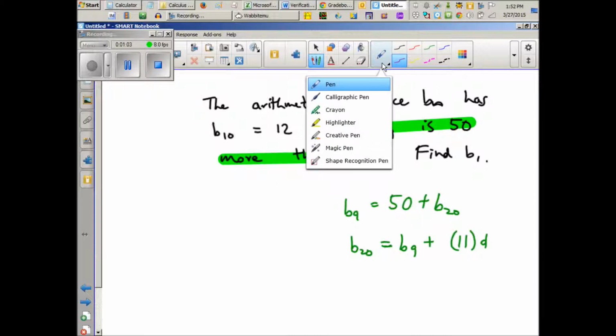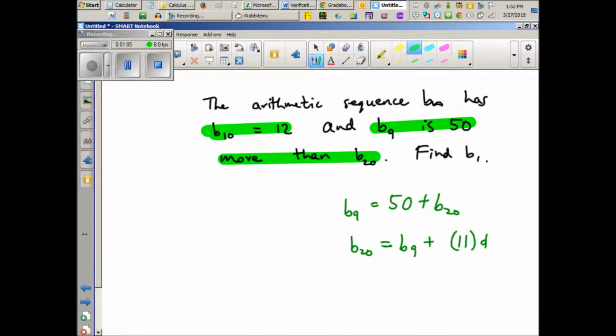Isn't it true that B9 is related to B10 in that they're neighbors, right? So I just drew 20 blanks.